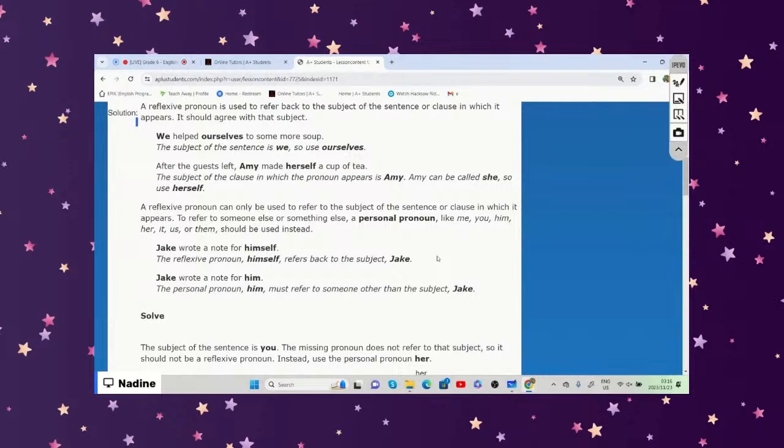To refer to someone else or something else, a personal pronoun like me, you, him, her, it, us, or them should be used instead.